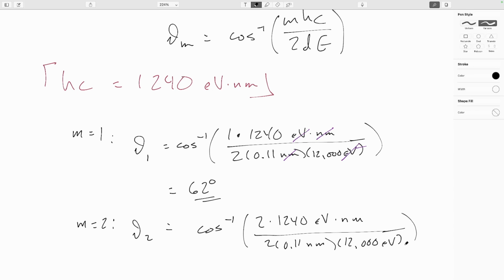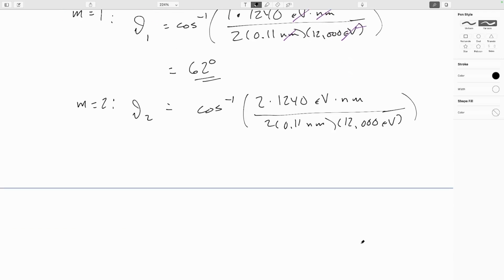And we get that the other scattering angle is going to be 20 degrees. And it turns out those will be the only two, because if you try sticking in 3, you'll be taking the arc cosine of a number bigger than 1, and then you're kind of in trouble.